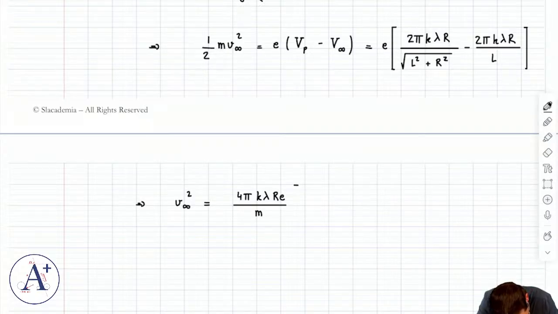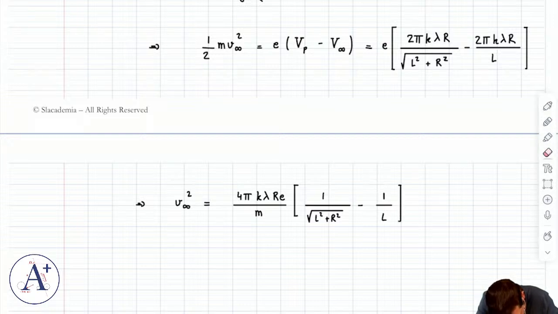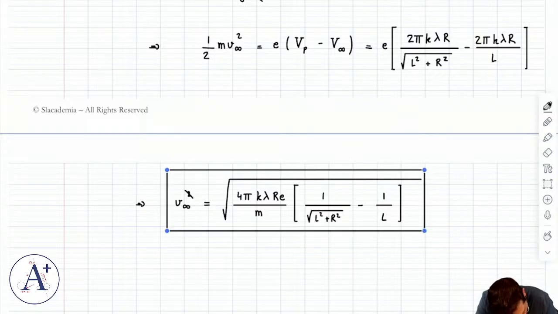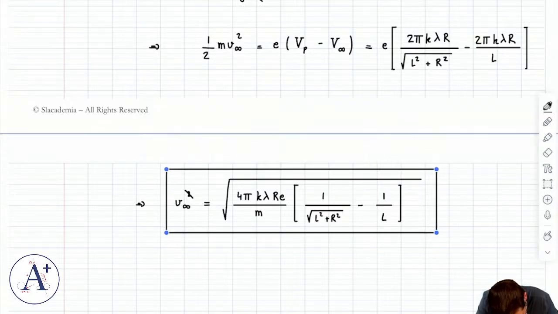And then multiplied by 1 over the square root of L squared plus R squared minus 1 over L, and we square root, and we keep the positive root because we want speed, and that is v infinity.